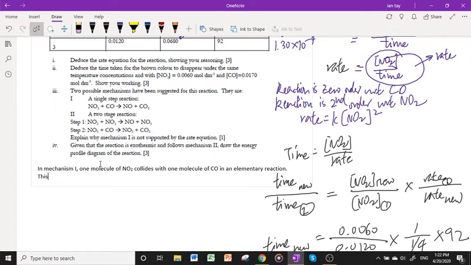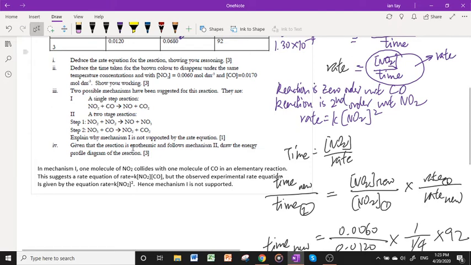And so this suggests a rate equation of rate equals k times concentration of NO2 times CO. But the observed experimental rate equation is given by rate equals k times NO2 to the power of 2. Right? So hence mechanism 1 is not supported.